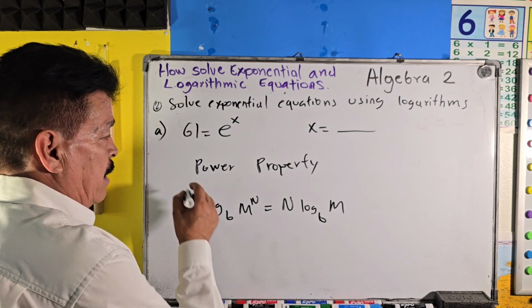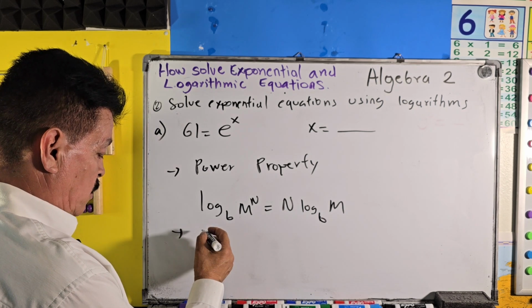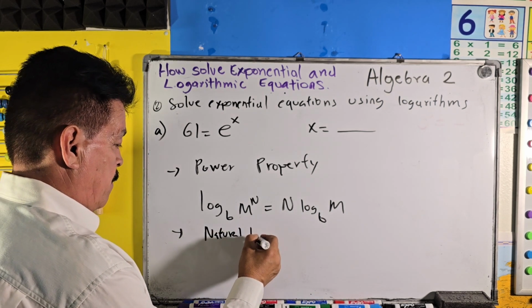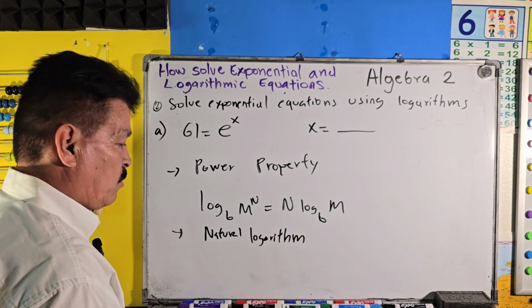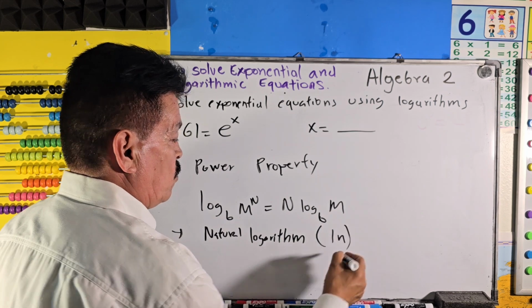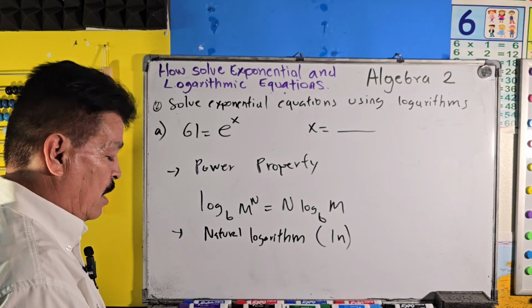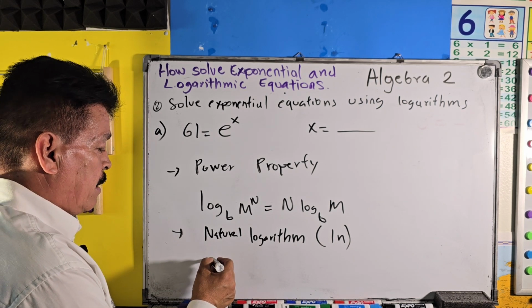Another property that we have to remember here is the natural logarithm. This is the symbol, right? The natural logarithm uses the base e.